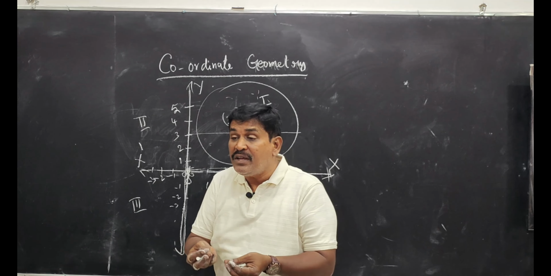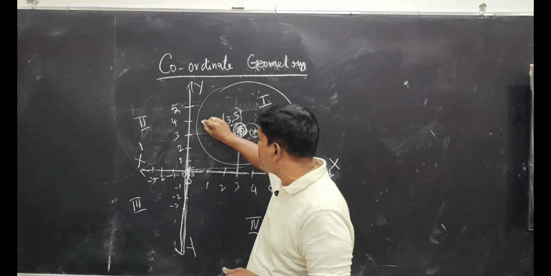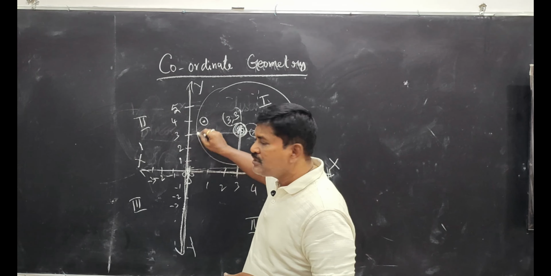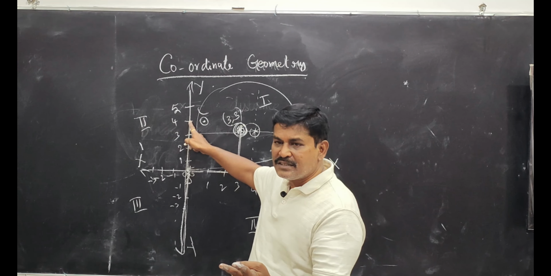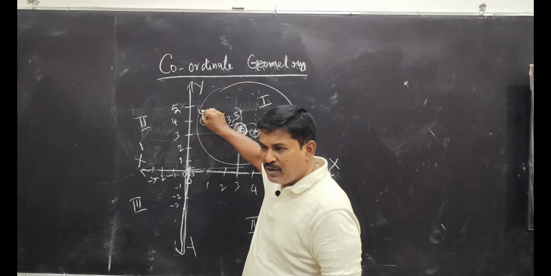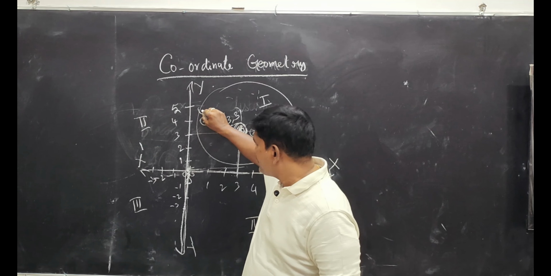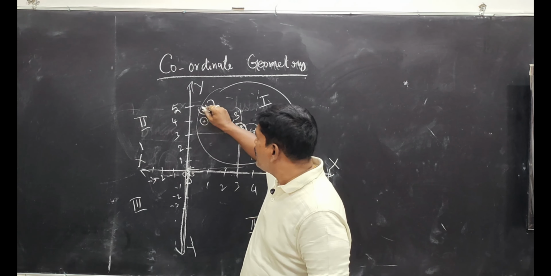So, in this first quadrant, if you take any point here, it has two numbers. Those numbers are measured from the x-axis and then the vertical distance on the y-axis. The first part talks about the x-axis and the second part talks about the y-axis.